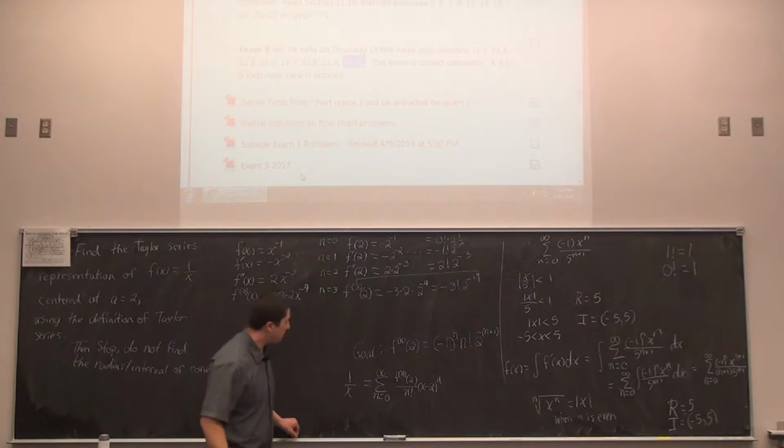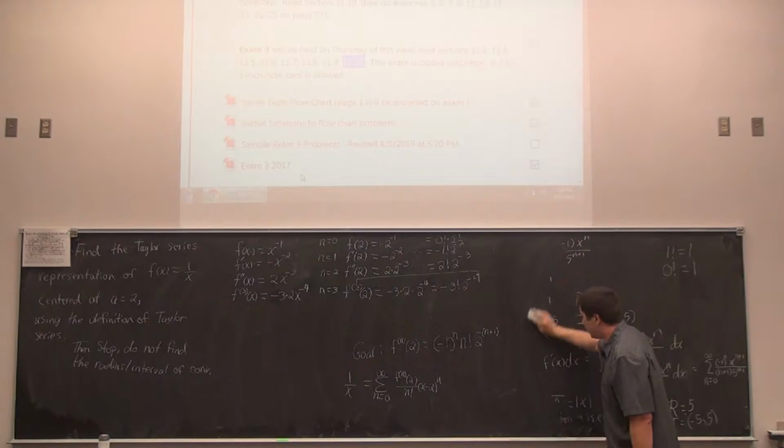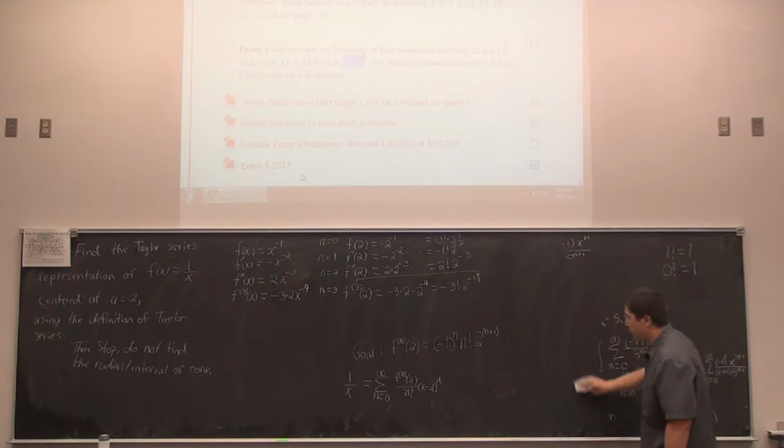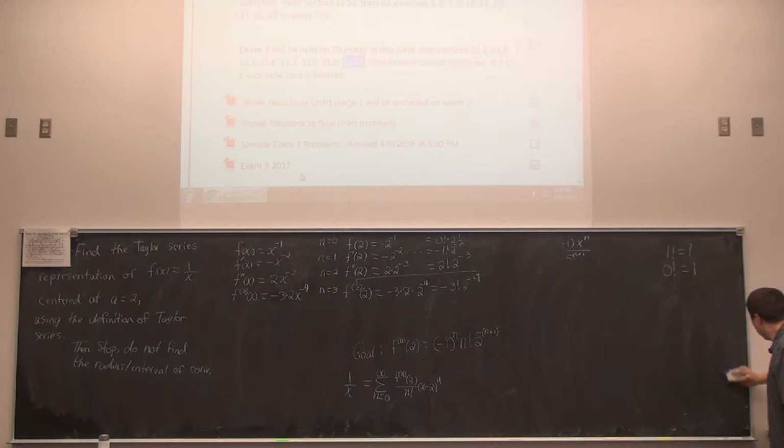Okay, at this stage, the problem is really nearly done. All we have to do is summarize by putting the expression for f^(n) at 2 into the power series.